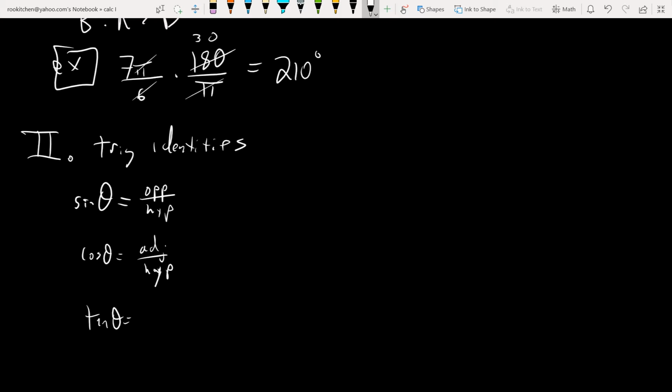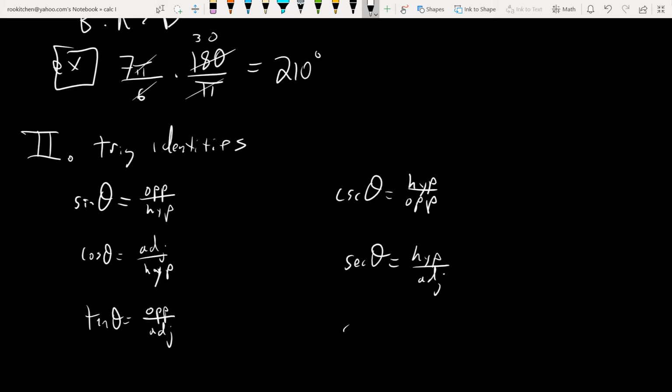Tan of theta is opposite over adjacent. Cosecant theta is just the reciprocal of sine, so it's hypotenuse over opposite. Secant theta is the reciprocal of cosine. And finally, cotan of theta is the reciprocal of tan. You should know those.